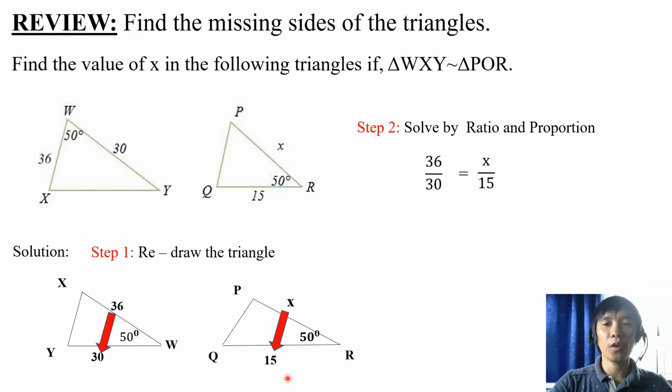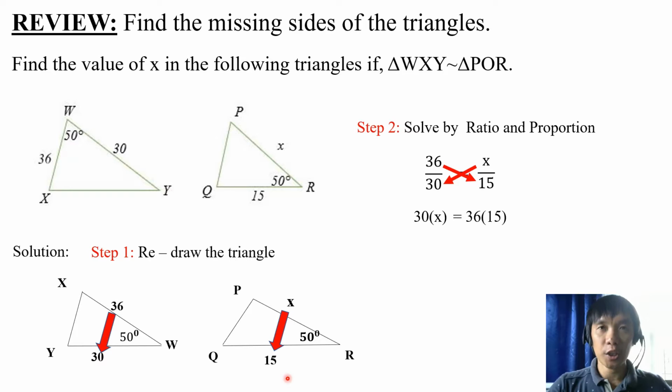After that, apply the cross product. x multiplied by 30 gives us 30 times x. Then 36 times 15 gives us 540.